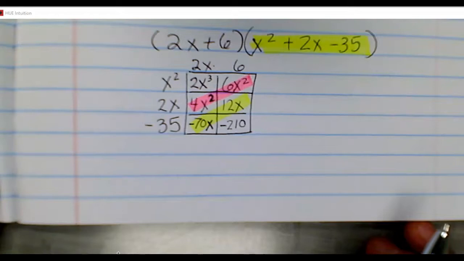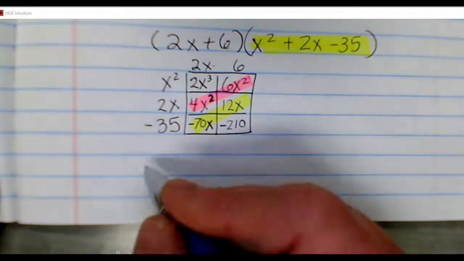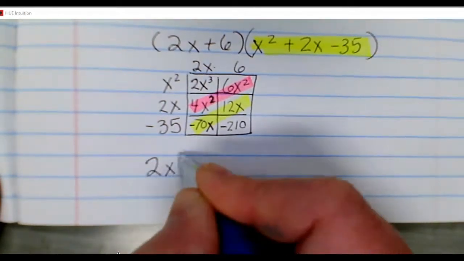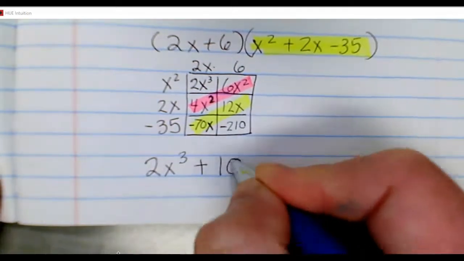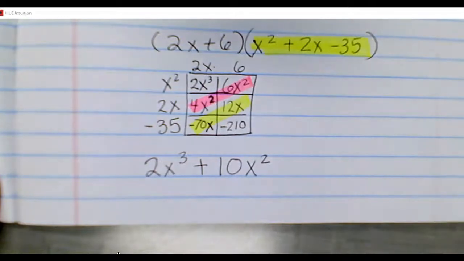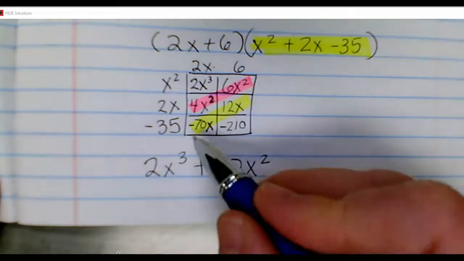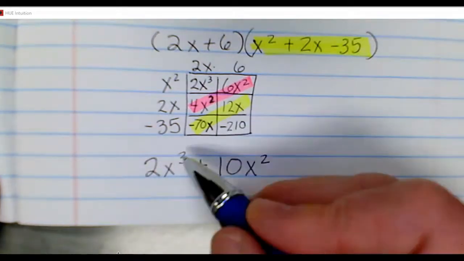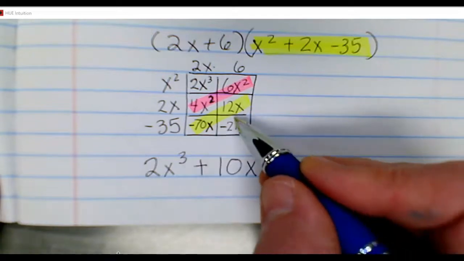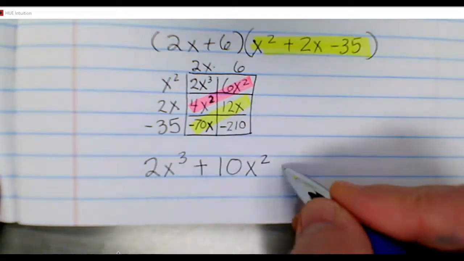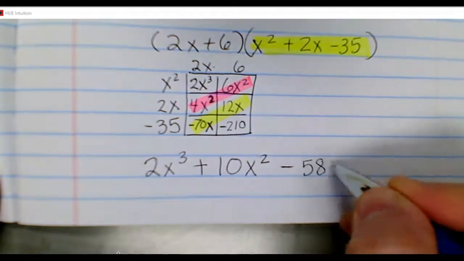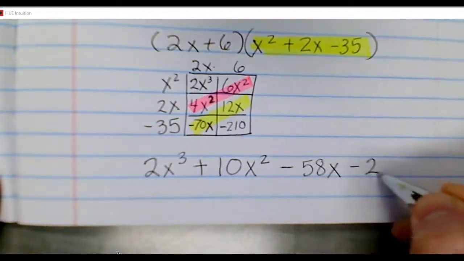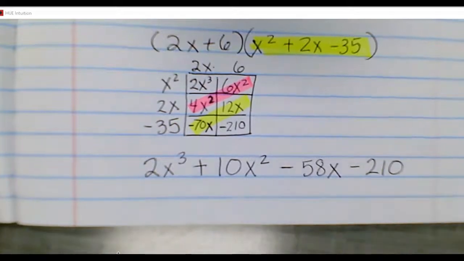So all I have to do is combine like terms in my box problem for the final answer. 4 plus 6 makes a 10x squared. Negative 70 plus 12 would be a negative 58x minus 210.